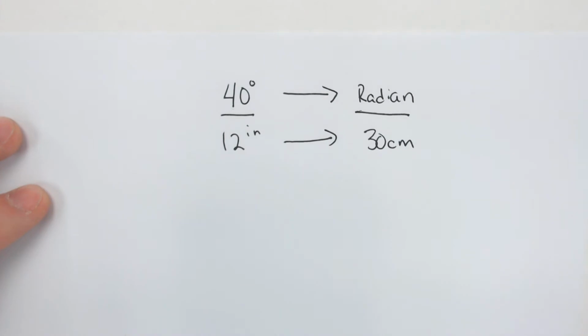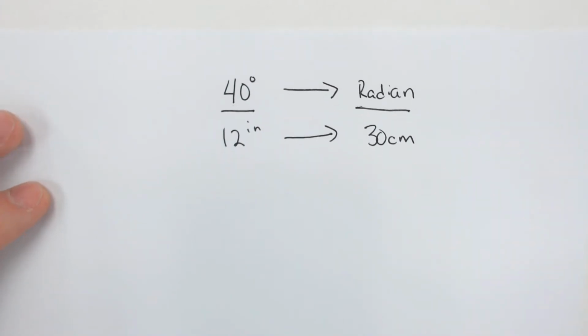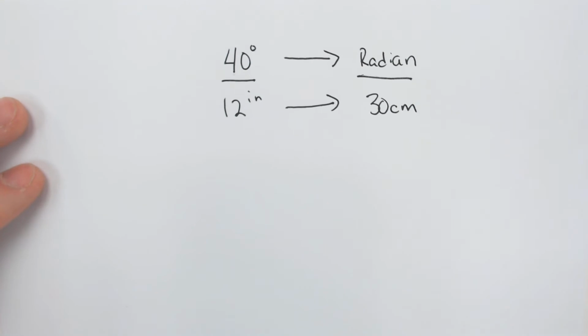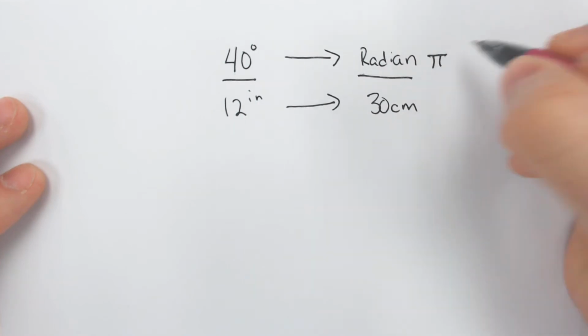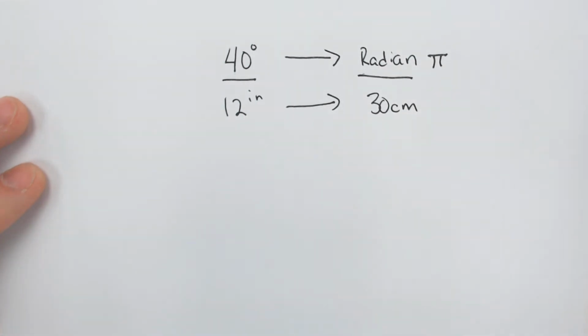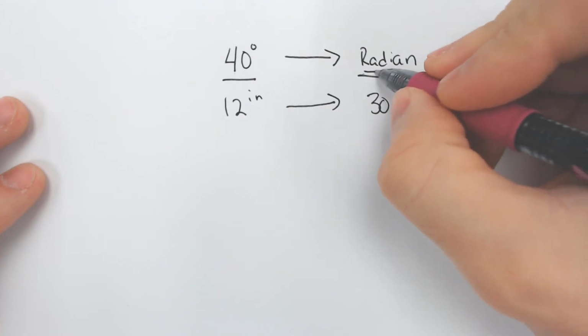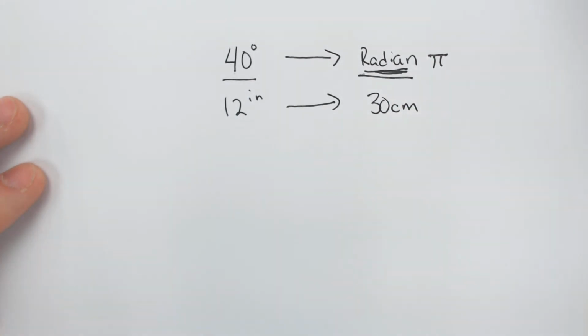So what we're going to be doing today is learning how to convert from radians to degrees and from degrees to radians, okay? So let's start with the most important thing in general, and that is that radians will almost always have a pi with them. And that is an indicator that you are talking about radian units of measurement rather than 40 degrees or 60 degrees or some other measure of degrees, okay?